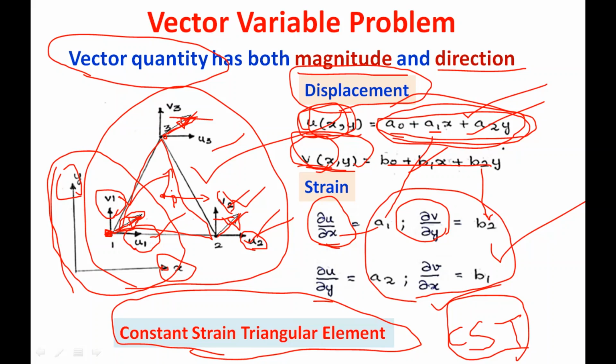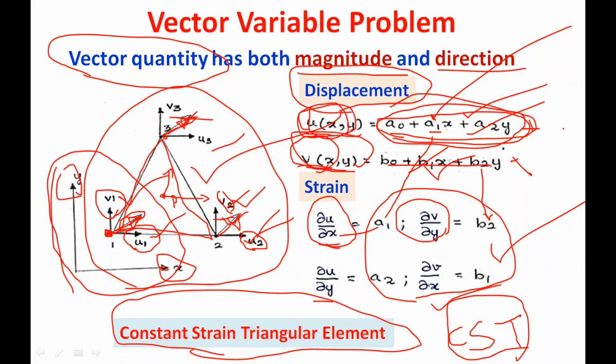We have to go for the higher order element. What is a higher order element? Instead of using the bilinear polynomial here and here, we can use the higher order terms, right? So we can add a3 x square plus a4 y square plus a5 xy, like that. So when you add the nonlinear terms, then we will get the strain.